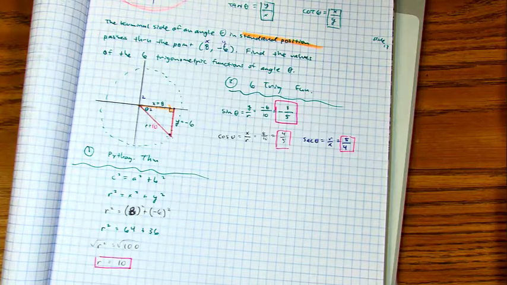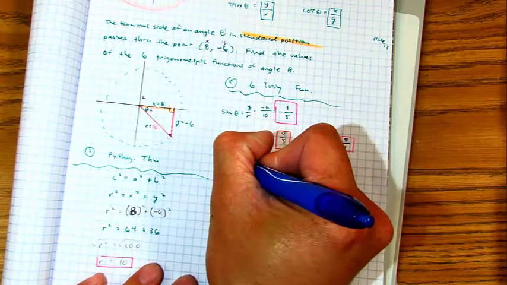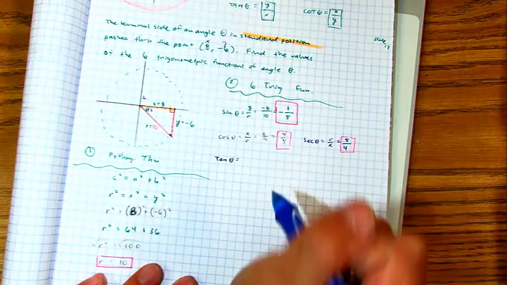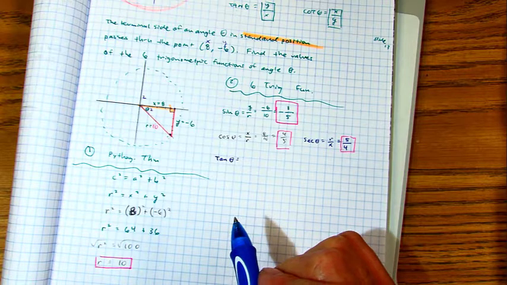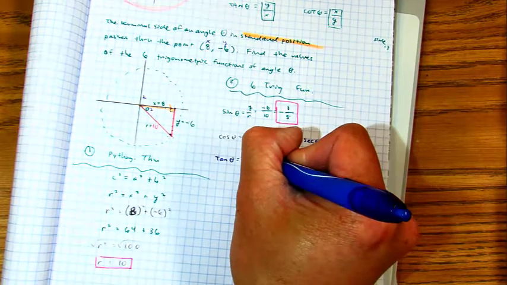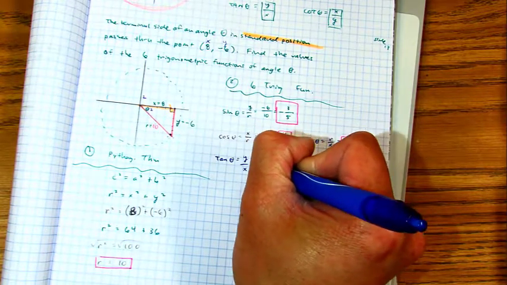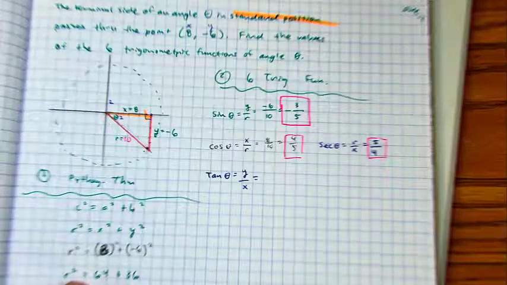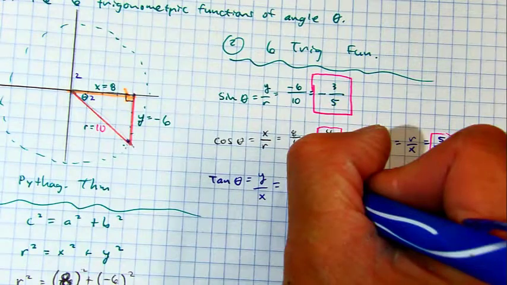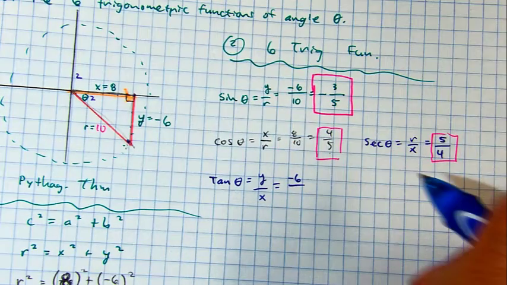Jaime. Pick one. Tangent. Letters. Y over X. Look at the picture, Jaime. What is your Y value? Negative 6. And your X value? 8.